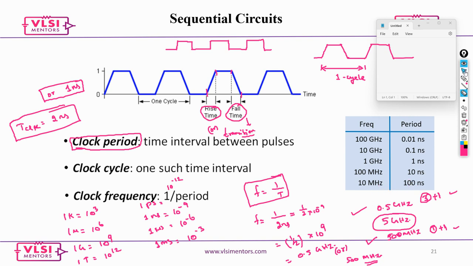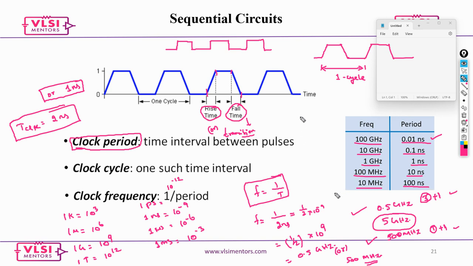If you look at this, 100 gig is basically 0.01 ns. 10 gig is 0.1 ns, and 1 gig is 1 ns, and 100 megahertz is 10 ns. Now 10 megahertz is 100 ns.